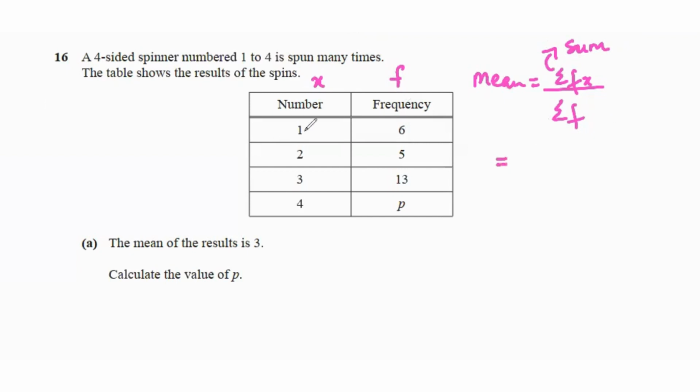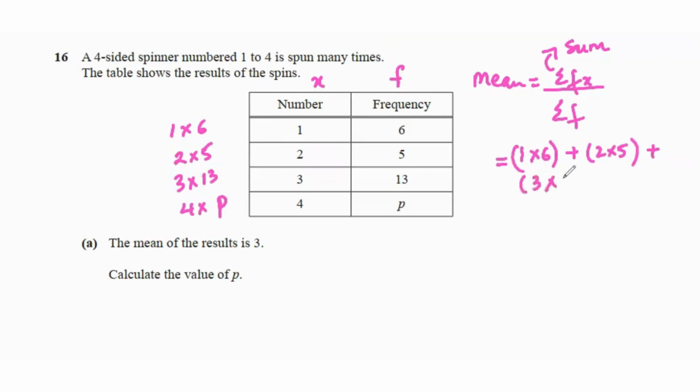So we will multiply 1 with 6, 2 with 5, 3 with 13, and 4 with p, and add these up, and this becomes our numerator. So 1 times 6 plus 2 times 5 plus 3 times 13 plus 4 times p.